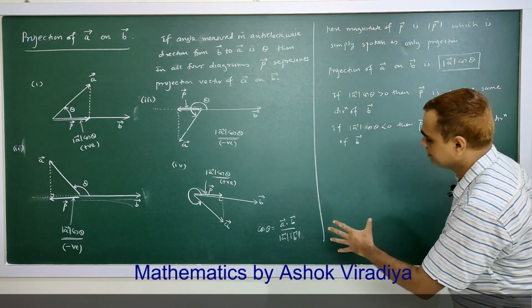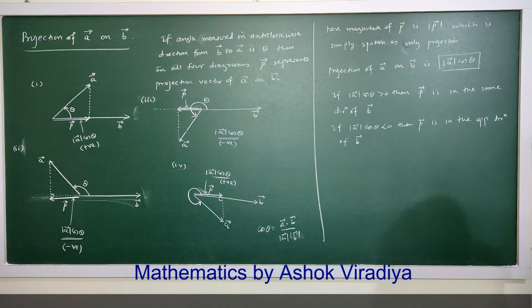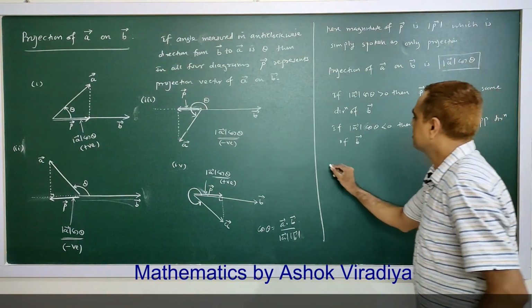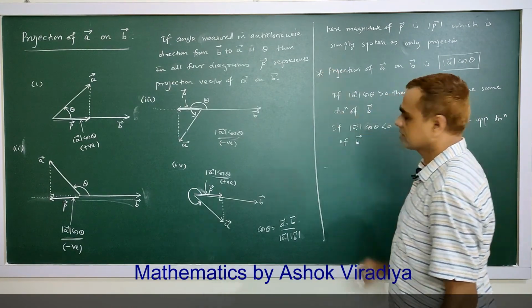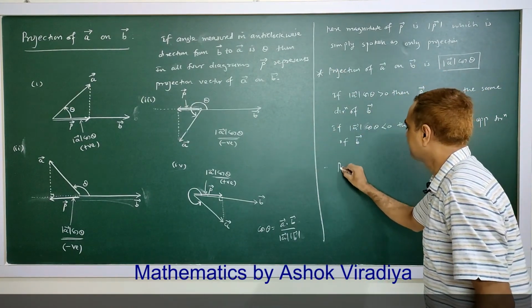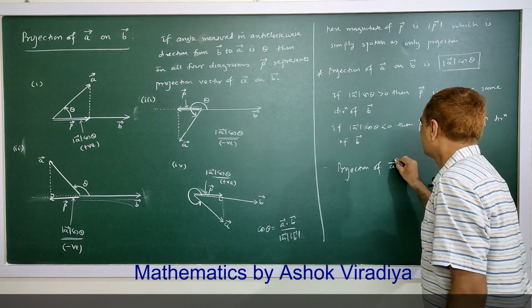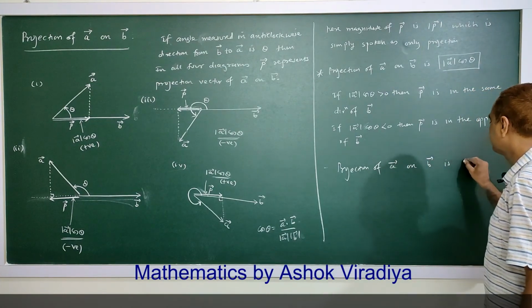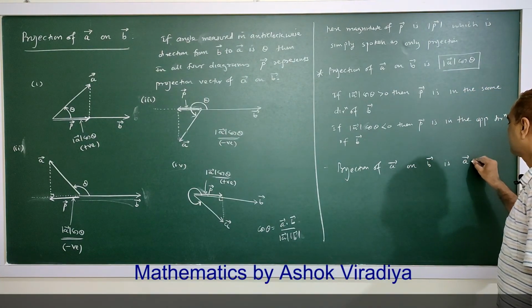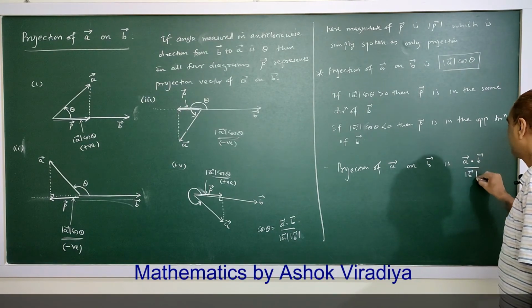The left value will be A bar dot B bar upon magnitude B. So again writing this statement, projection of A on vector B is A bar dot B bar upon magnitude B bar.